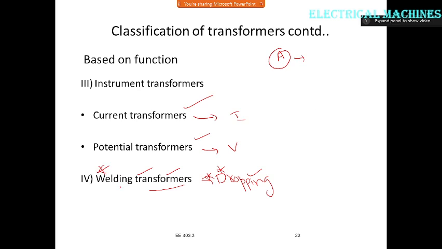It is also portable, which is why we use it for welding. If a DC supply is available, we use the DC differential compound generator, which also has drooping characteristics and low voltage to high current ratings. Here too, lower voltages and higher currents are needed for the production of the arc, and that is generated by using the welding transformer.